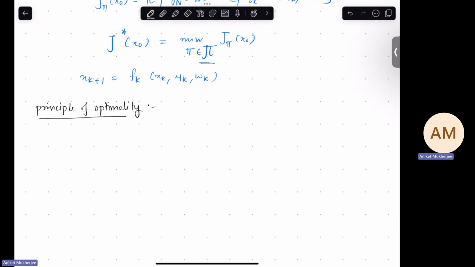If we go into the principle of optimality, we discuss a different type of problem, which is known as the shortest path problem.